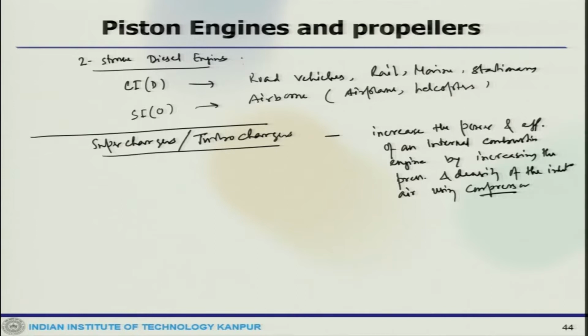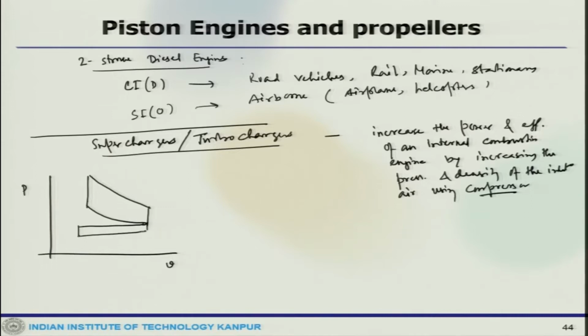Now, when you talk about the PV diagram of a supercharger or turbocharger, this is what it states. Then it goes like that, it goes like this, then finally comes like that.